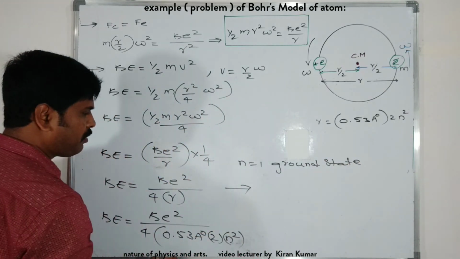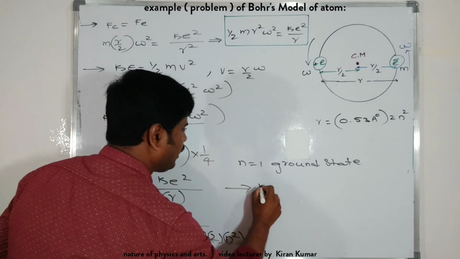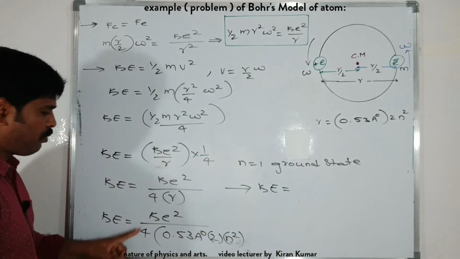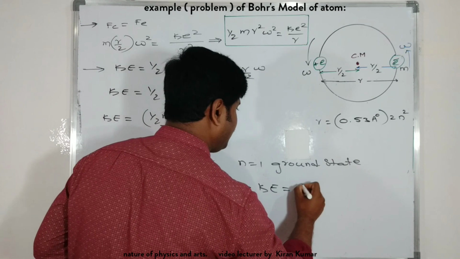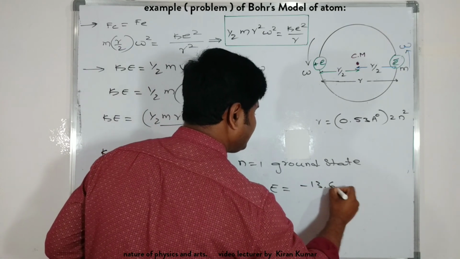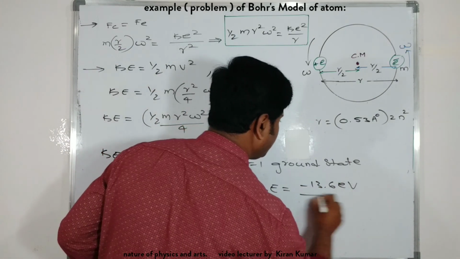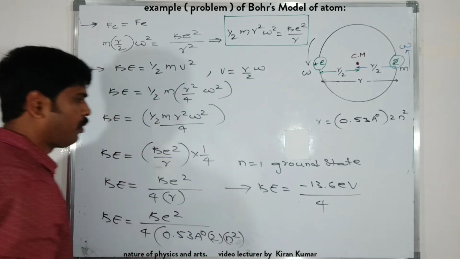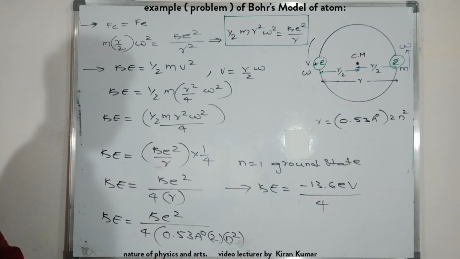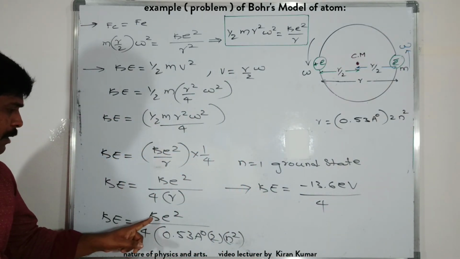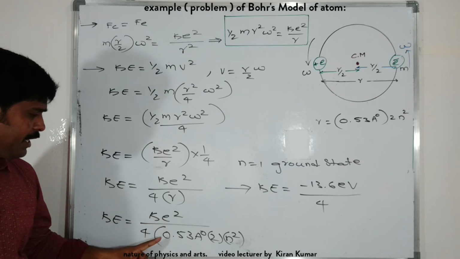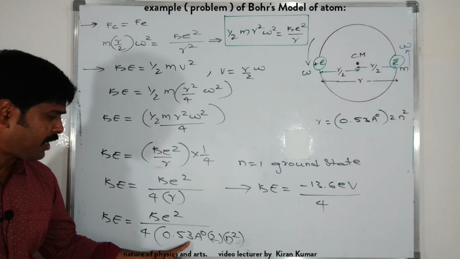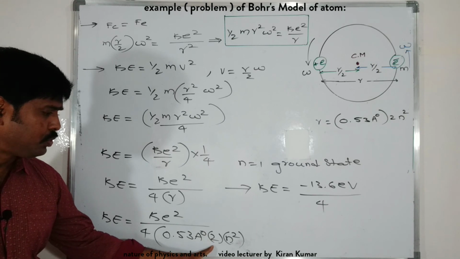Continuation we can write here kinetic energy Ke is equal to minus 13.6 electron volt divided by 4. This value is completely K E square divided by 0.53 angstrom into 2.